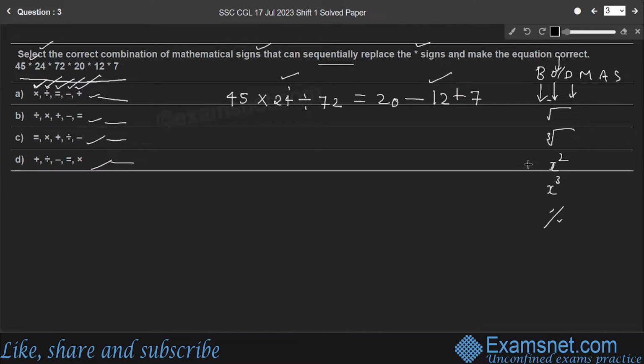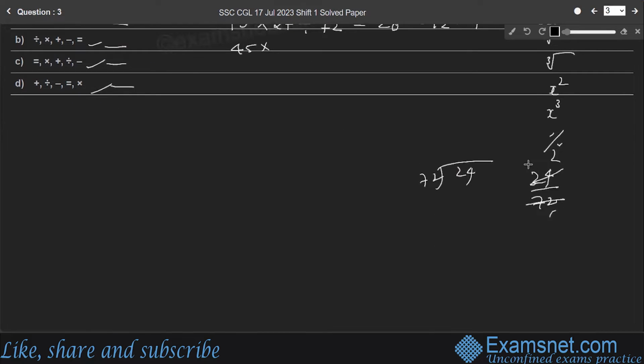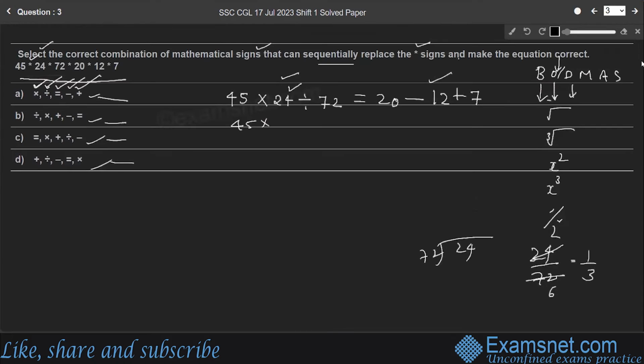So we can try 45 into 24 by 72. You can go for 12, directly taking the ratio 12 into 2, then 12 into 6. So 1 by 3 is the answer.